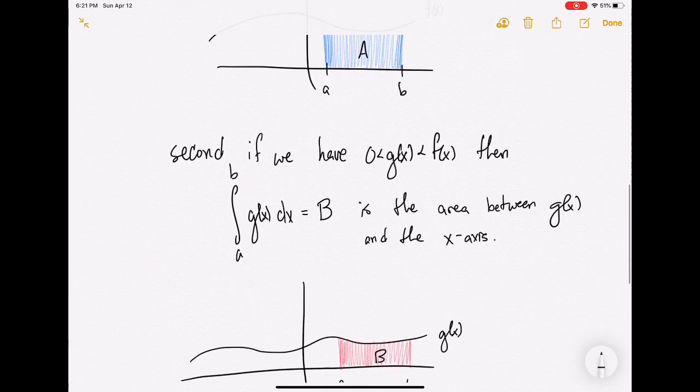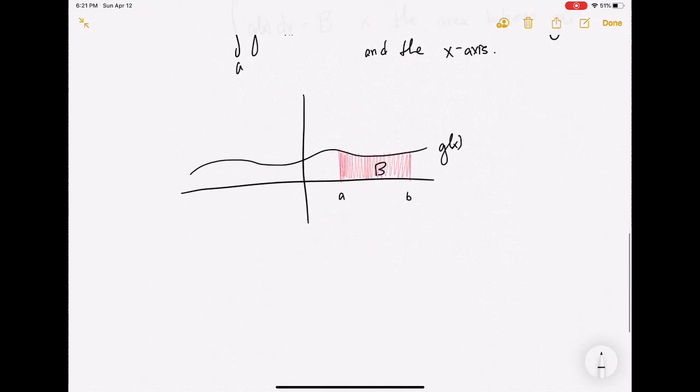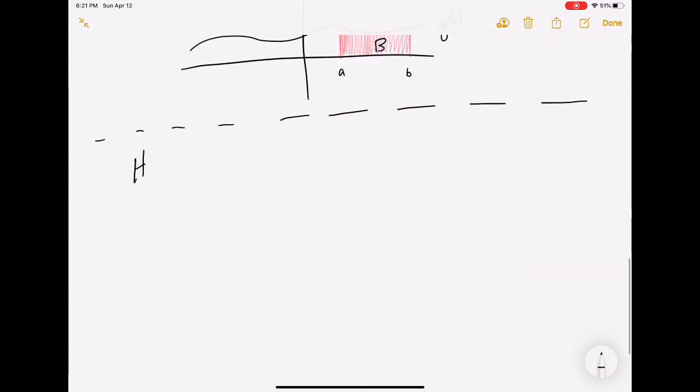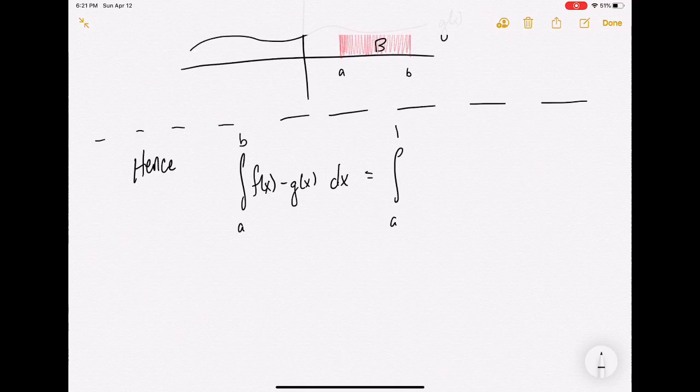So if we look at the two of them now, if I take this integral of f minus g dx from a to b, well, my integral sign lets me do this, right? It lets me take f of x dx, I can split it up at that minus sign.